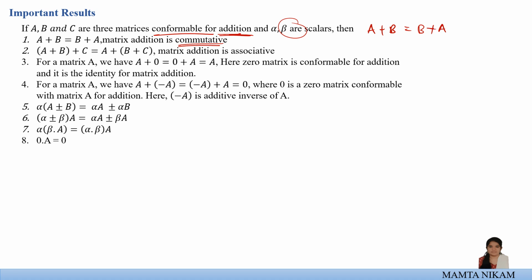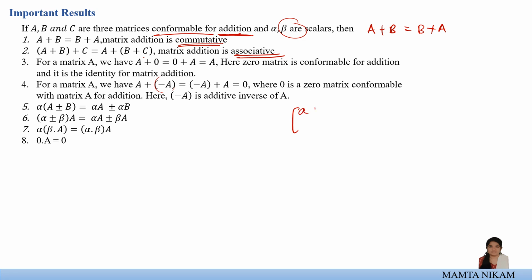Next, (A plus B) plus C is always equal to A plus (B plus C), that is, matrix addition is always associative. Next, if you add a zero matrix to a given matrix A, it is always equal to that matrix A. Next, for a matrix A plus minus A, we mean the addition of the additive inverse of matrix A.